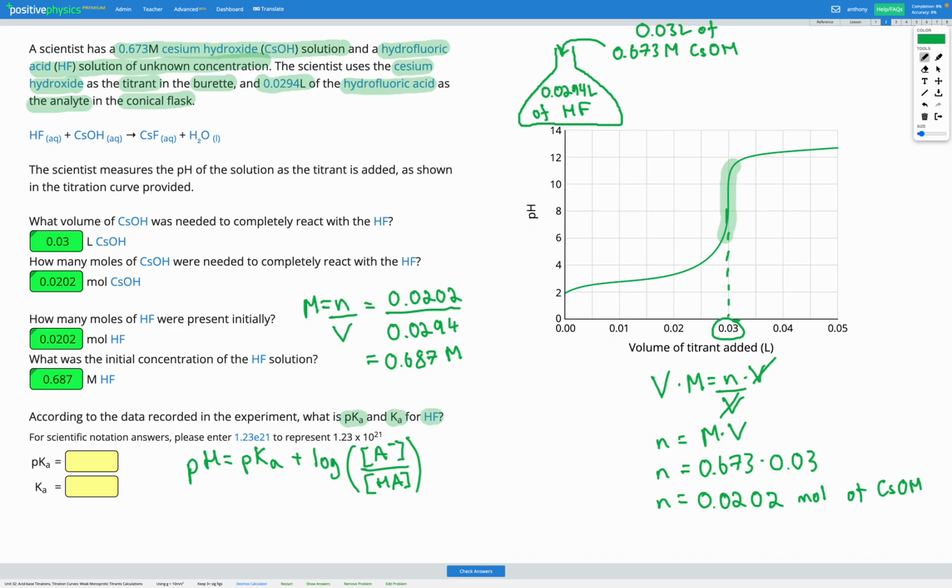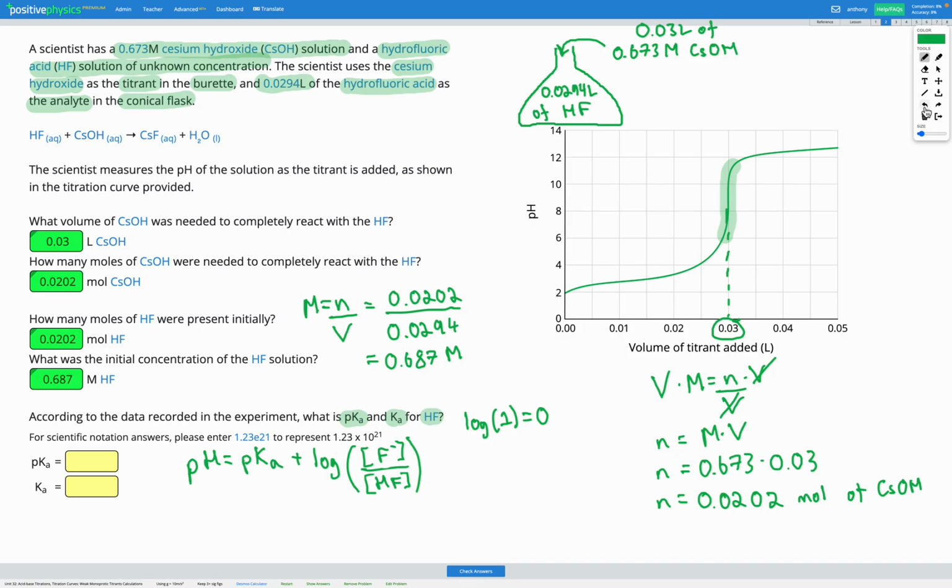Now in this question, our acid is HF and our conjugate base will be F-. So we can add that in our equation here. The easiest way to find pKa is to find the moment where this log is going to be equal to 0. Now log of 1 is equal to 0. So if we can find a time where that fraction equals 1, at that moment, the pKa will be equal to the pH.